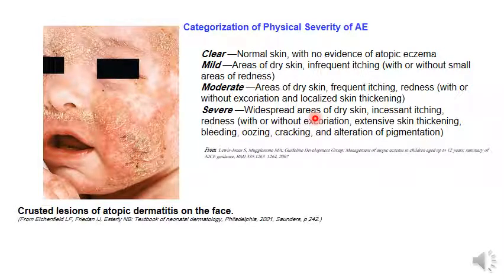In severe cases, widespread area of dry skin, incessant itching, redness, plus minus excoriation. Here is this excoriation you see here. Extensive skin thickening, bleeding, oozing, and cracking with alteration of pigmentation. Usually this area lacks some pigmentation of the skin.